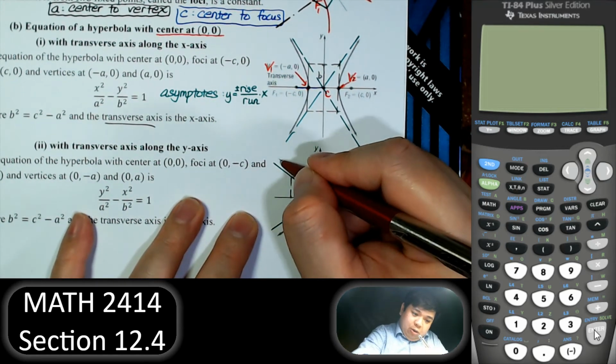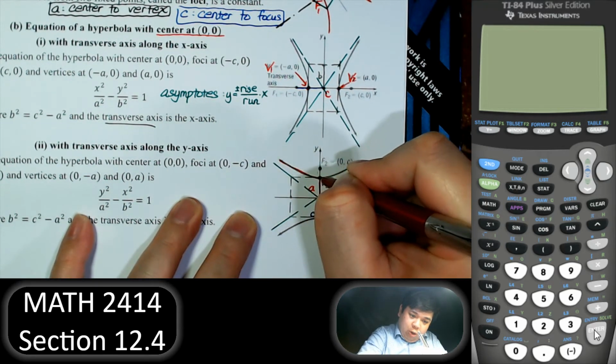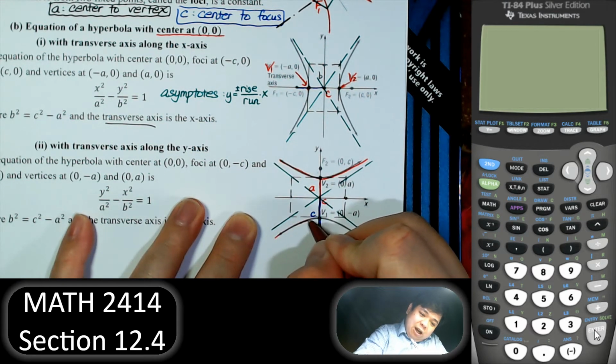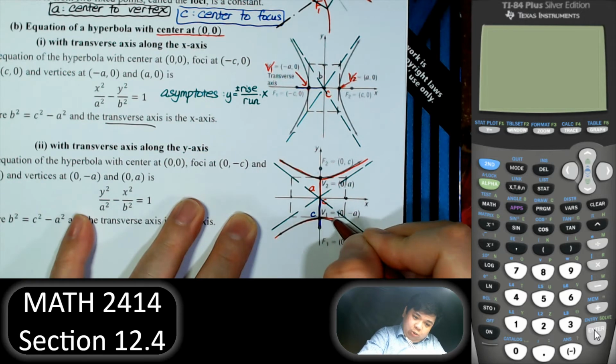And then the hyperbola will approach the asymptotes and go through the vertices.